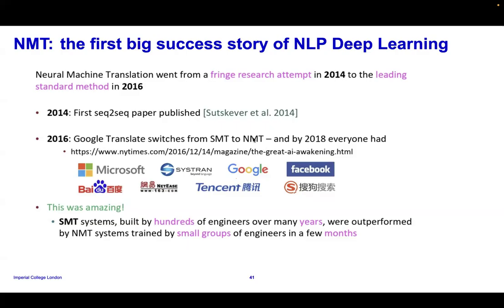Google switched to neural machine translation in 2016, and then everyone is using Seq2Seq architecture to do machine translation. Even Facebook, Microsoft, Google were using Seq2Seq. This was amazing. SMT systems built by hundreds of engineers over the years were outperformed. Statistical machine translation. So this is a big deal. Just in 2016, people adopted neural machine translation because of the success of the Seq2Seq paper.